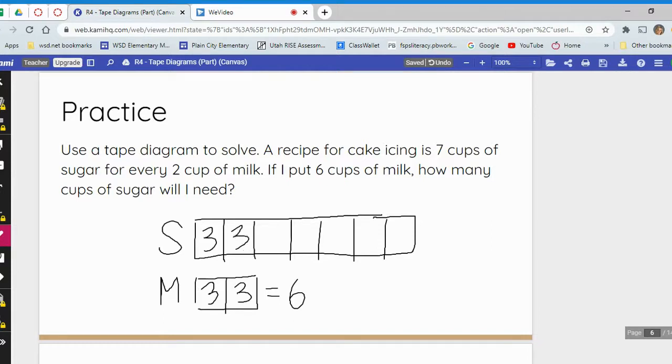So my piece size or section is 3. Now that I have the information, let's answer my question. How many cups of sugar will I need? Well, I've got 3 times, how many sections was this? 1, 2, 3, 4, 5, 6, 7. 3 times 7 is 21. That is a lot of cups of sugar.